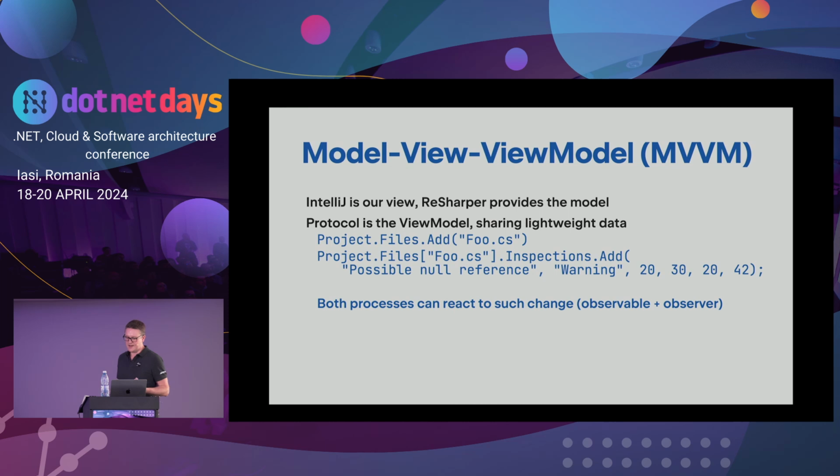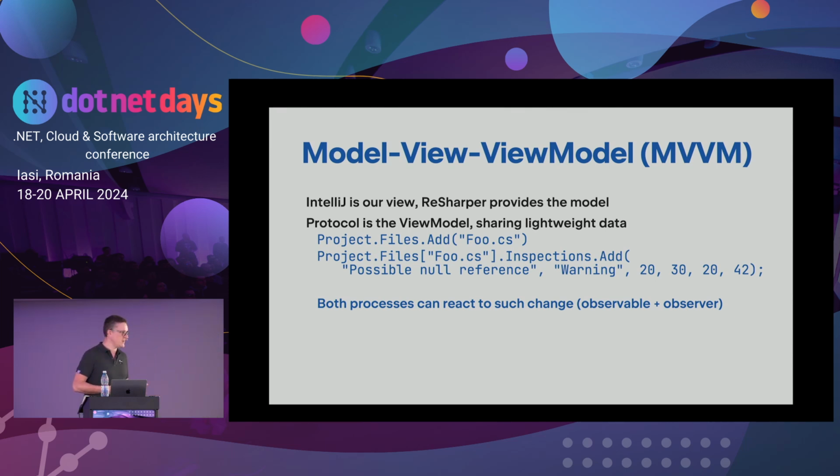So we started thinking, there's this cool pattern, MVVM, where we could have a protocol which is essentially a bunch of collections where both ends of the spectrum, IntelliJ and ReSharper, can push in data and read data from, subscribe to events that are going on, and just update whatever information they need on either ends.